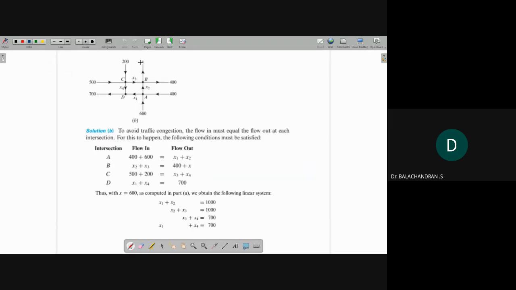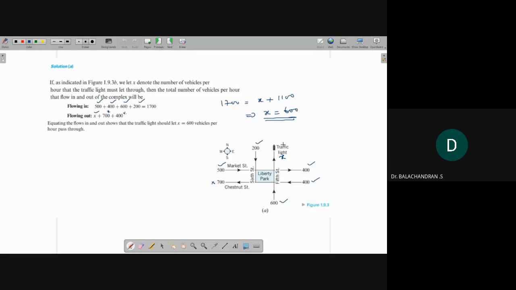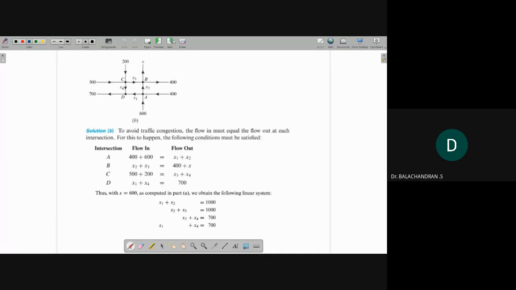I already told you this is x, but x is what now? We found out 600. To avoid traffic congestion, the flow in must equal the flow out at each intersection. For this to happen, the following conditions must be satisfied. At junction A, x1 plus x2 is 600 plus 400.